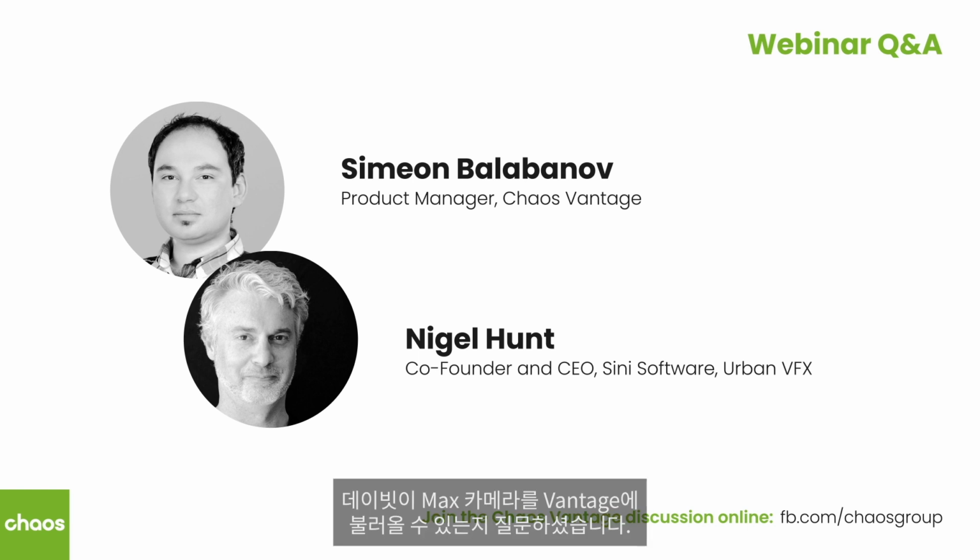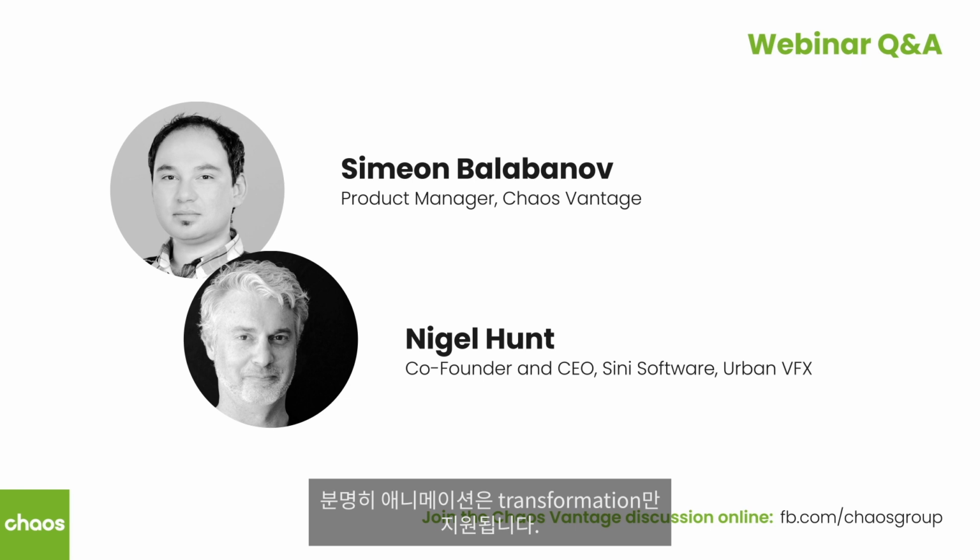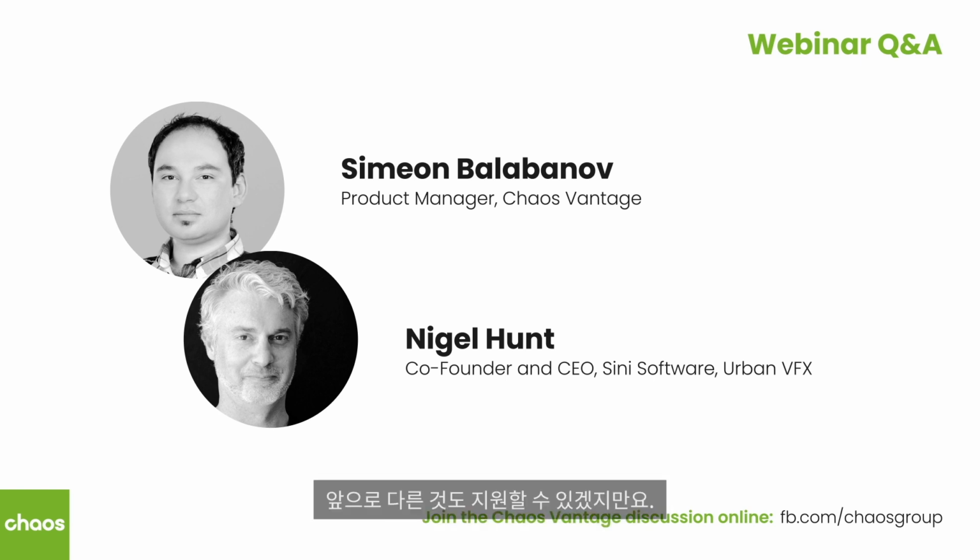David asks, are you able to bring the Max camera into Vantage? When I tried to export the scene with animation, the file was huge. We support animated transformations. The camera is supported.